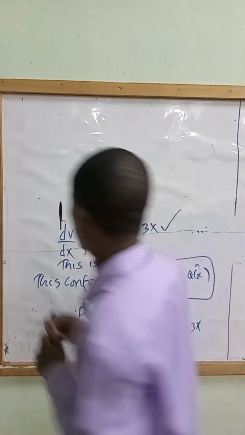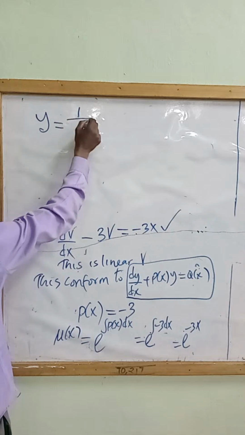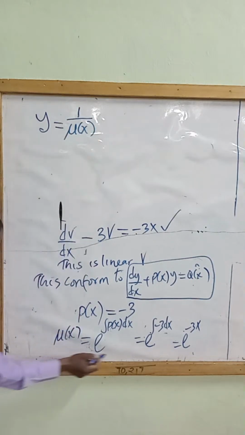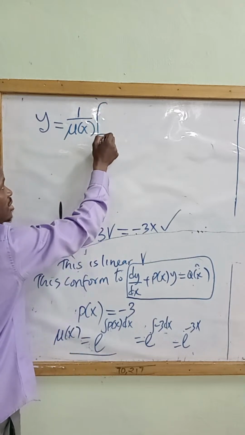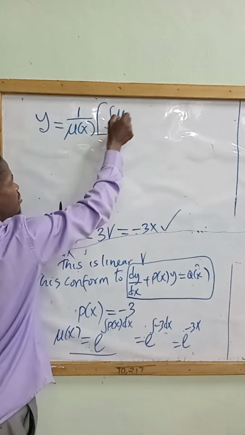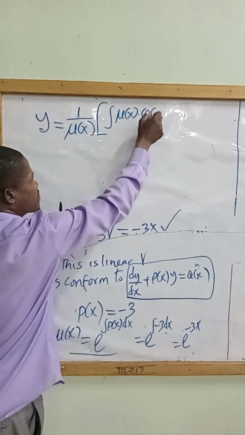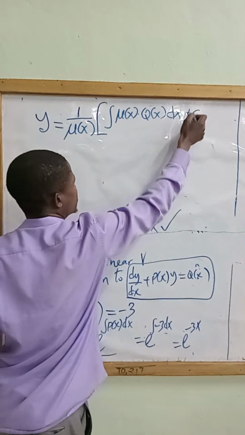The general solution is y equal to 1 over the integral factor. This is the integral factor. Then open your brackets: integral of integral factor times q of x, and then dx plus c.